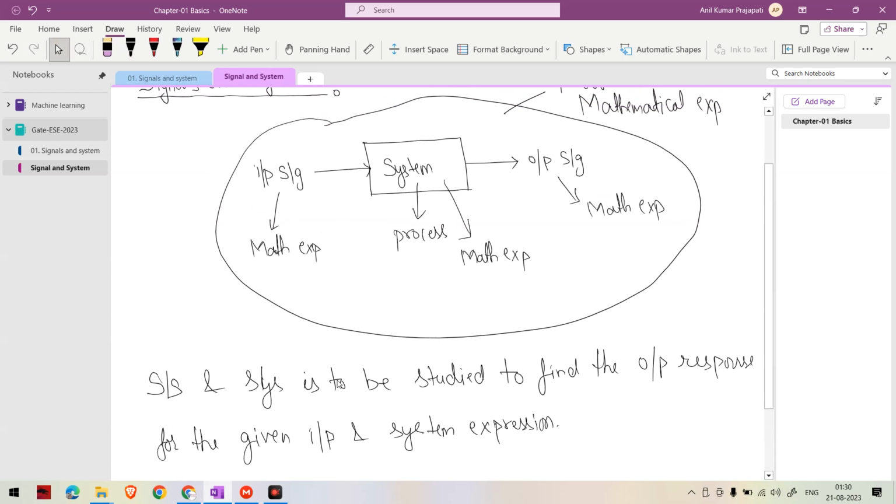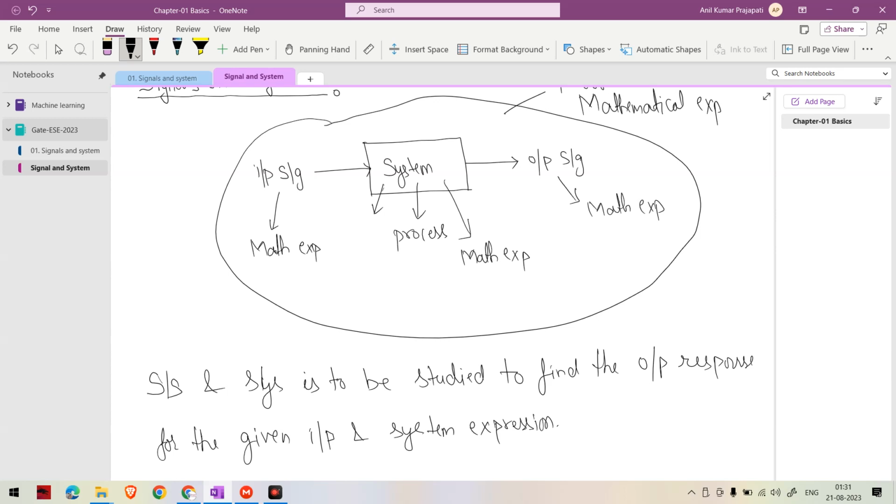So basically, you will give some input to a system whose equation you already know, and then you will check the output response, how the system is behaving to that particular input signal. So you will apply different signals to a system, and you will check the output response. Is it a stable or unstable, causal or non-causal system?